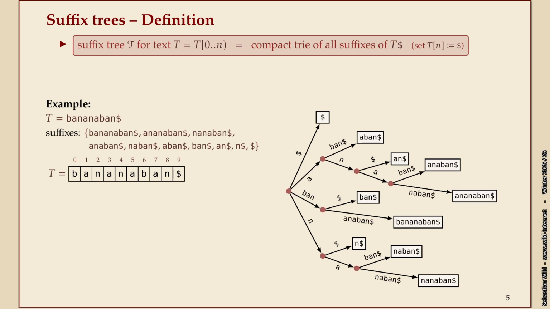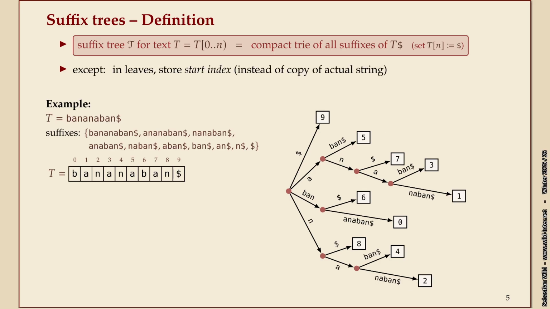Now there's another thing we can do, because all of the strings that we store are suffixes of the same text. We can store the text once and replace these strings with just a starting index. Then I have implicitly everything I need. If I want to know what the string is that belongs to this leaf, I know starting at 3 and reading, that's going to be the string.